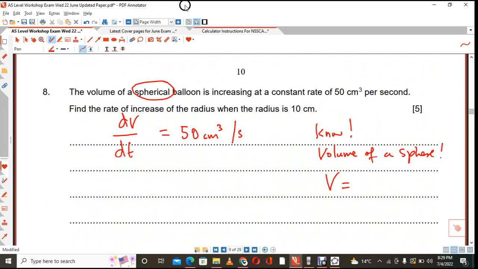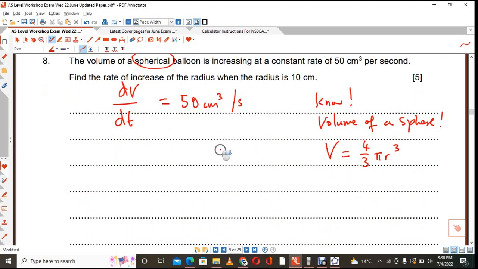Volume of a sphere, it's 4 over 3 pi r cubed. Okay. What else do I know? I am also given that the radius is 10. Find the rate of increase when the radius is 10. So in a nutshell, what is it that I'm supposed to find?